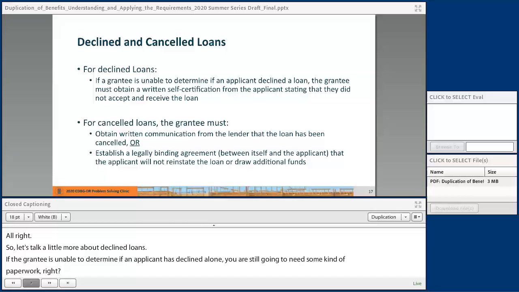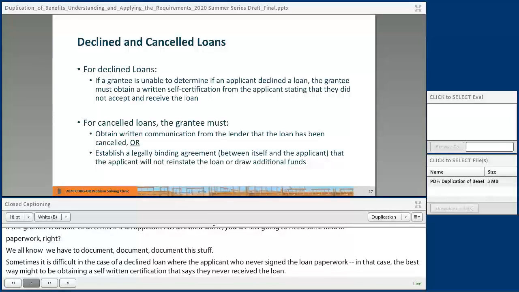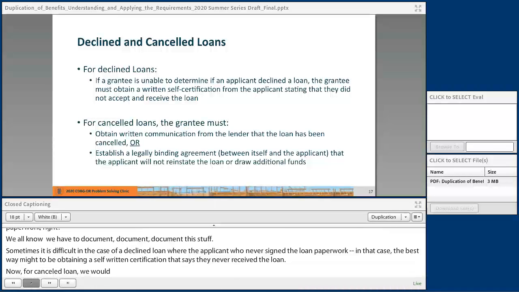So in that case, the best way might be to just obtain a written self-certification from the applicant that states they never accepted or received the loan. Now for canceled loans, we have to be really specific with that because those funds are sitting there and available to the applicant, right, unless we have some paperwork that shows that they're not.